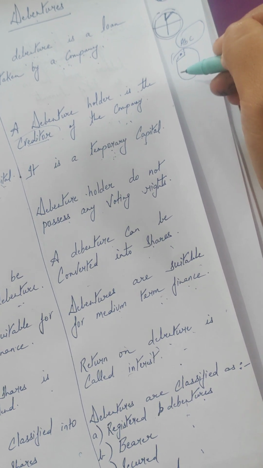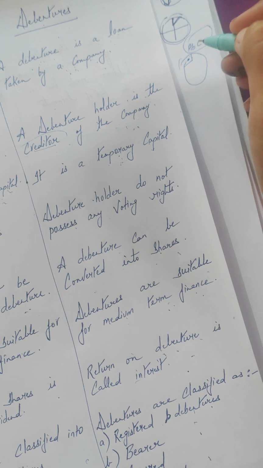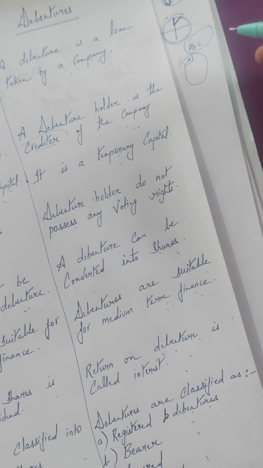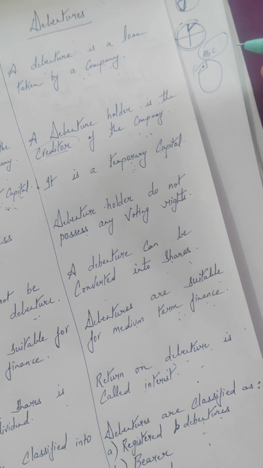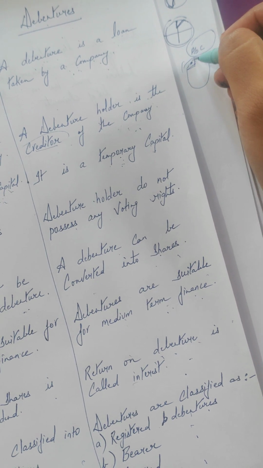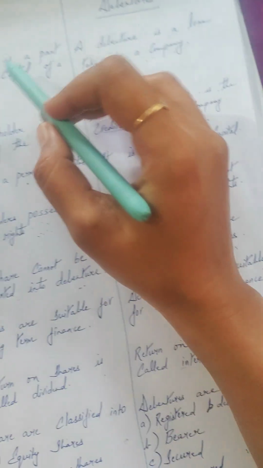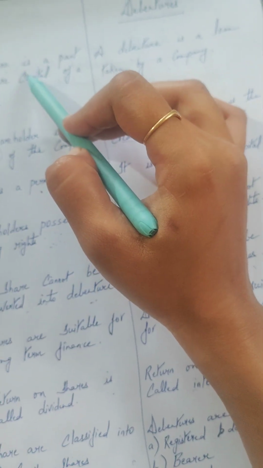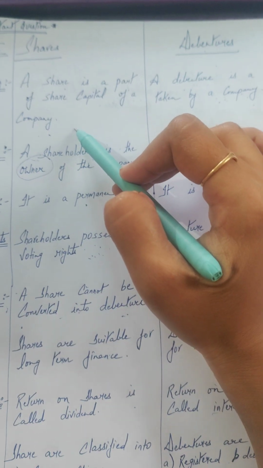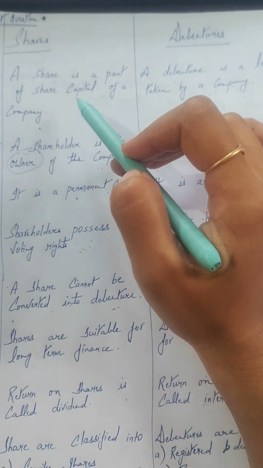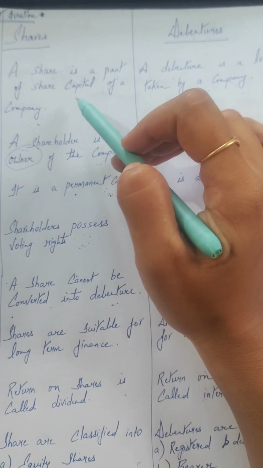If it is 10 rupees per quantity, 100 rupees per quantity, so some part you are purchasing. So that is your share part, share capital of a company. A share is also known as the ownership securities.